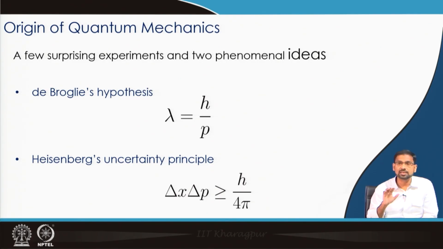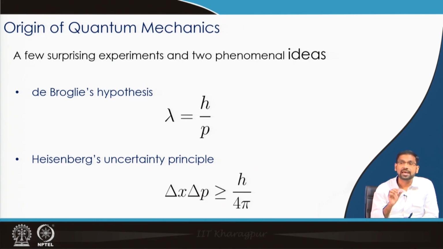So simultaneous and precise determination of position and momentum is forbidden. It is not an experimental limitation, where one day someone would construct better equipment with which you can determine the position and momentum of the particle simultaneously and precisely. It is an inherent nature of the quantum mechanical system that position and momentum cannot be simultaneously and precisely determined.